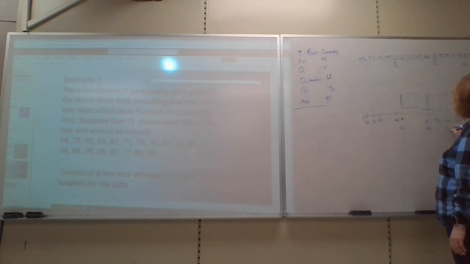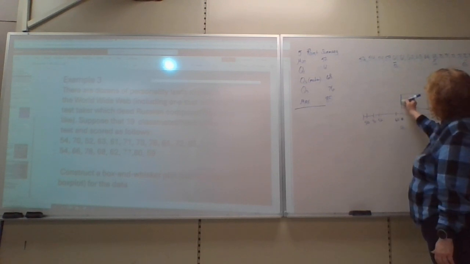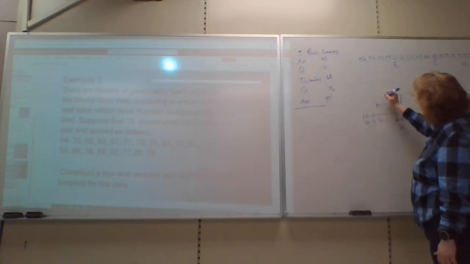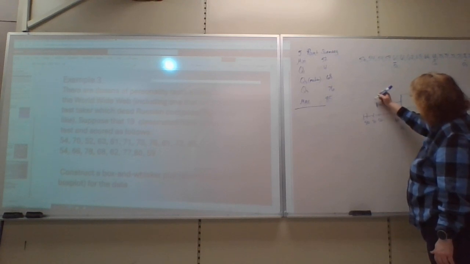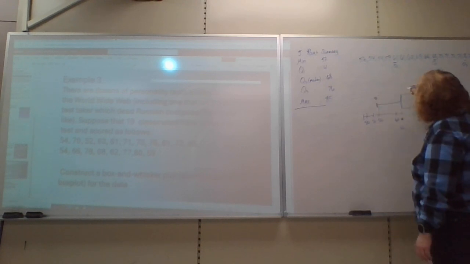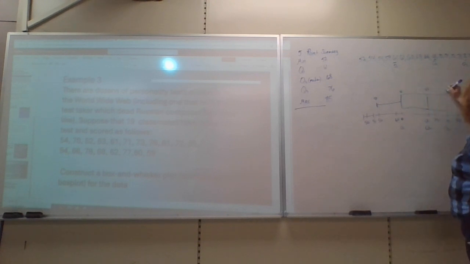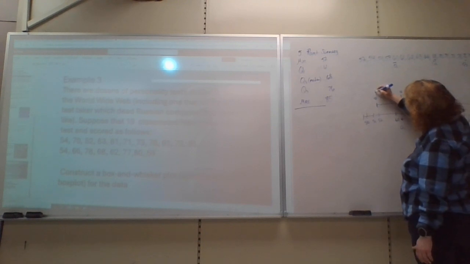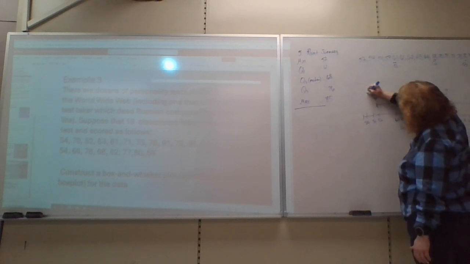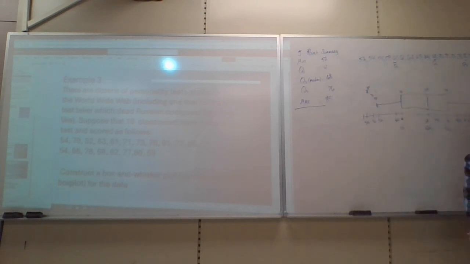This is my Q3, right? And this up here is a whisker. This is my 52 right here, then 61, 68, 76, and my last whisker is way over here. So these are the whiskers. See, there's my box plot.